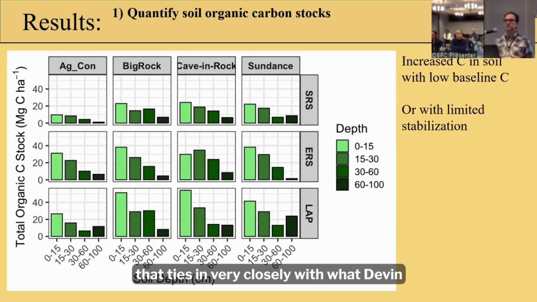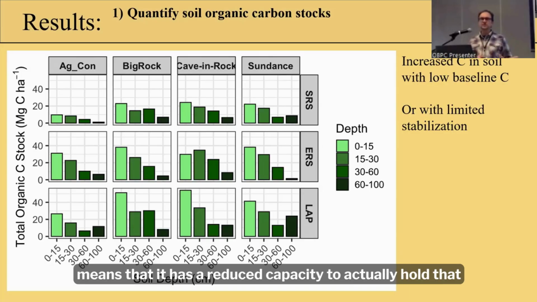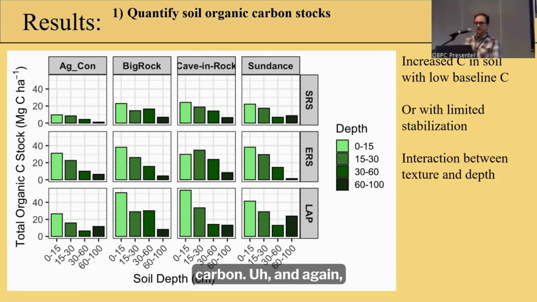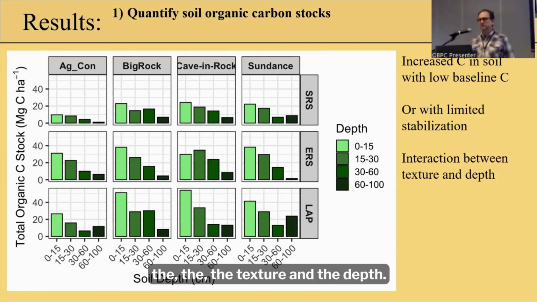That ties in very closely with what Devon talked about. Any of these sort of soils that are particulate dominated, which the Simcoe would be, the larger size means that it has a reduced capacity to actually hold that carbon. And again, we do have this interaction with the texture and the depth.